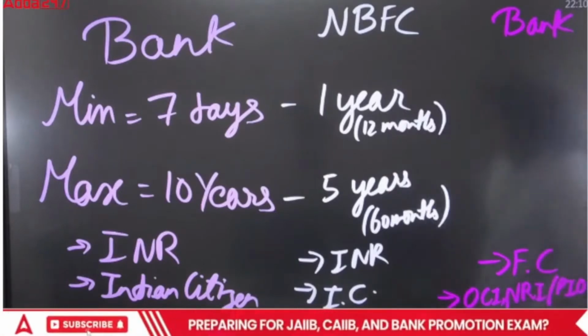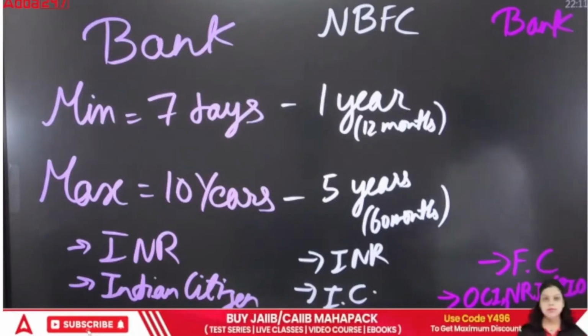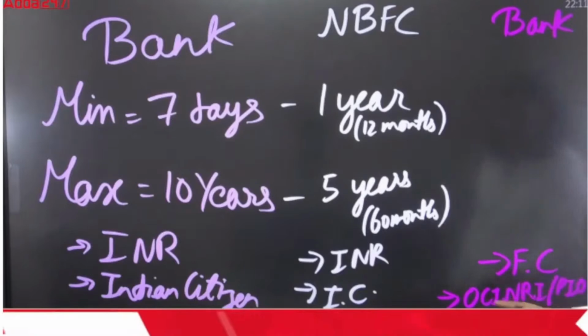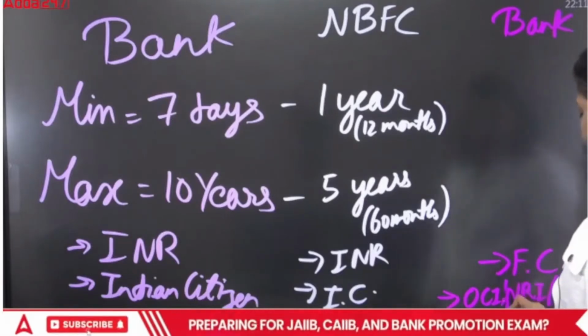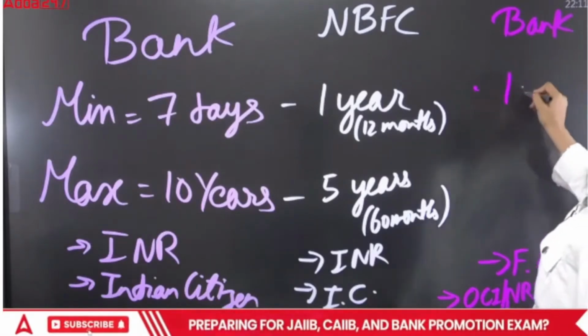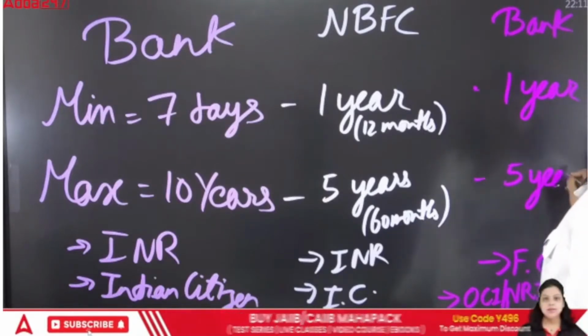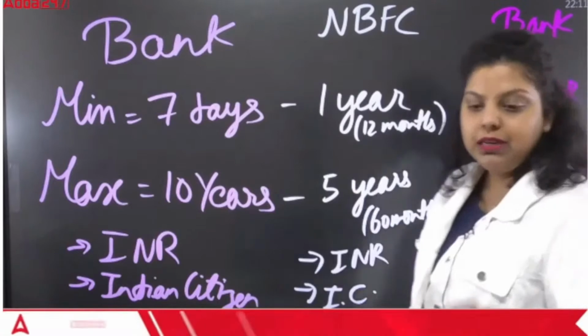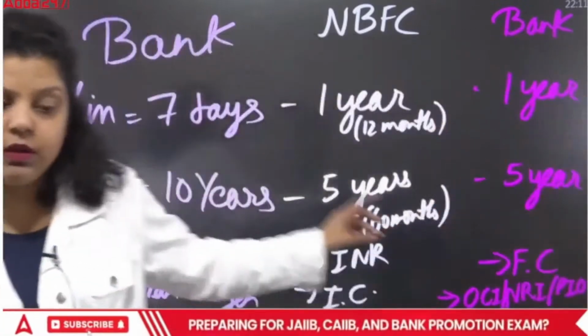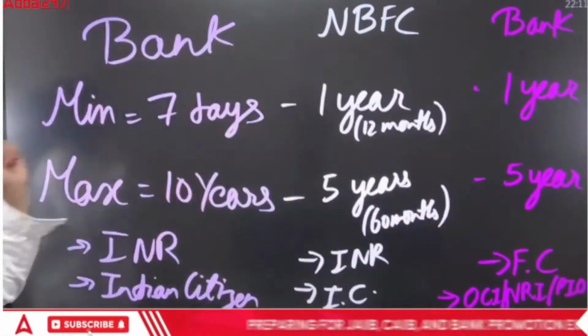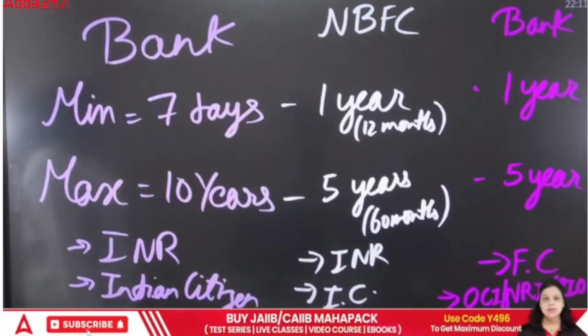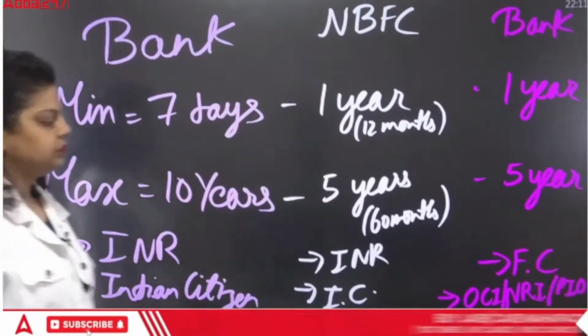Overseas citizen of India. NRI is non-resident Indians, and PIO is person of Indian origin. If the foreign currency FD is opened by any of these, in that situation, minimum duration will be 1 year and the maximum duration will be 5 years. Clear? So do remember this tenure of the FD will be different in these three conditions. Okay, chalo, next.